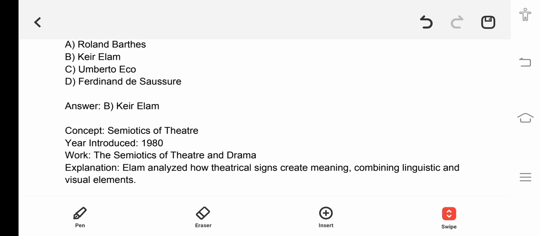What is the significance? He analyzed how theatrical signs create meaning, combining linguistic and visual elements. We watch a lot of movies where signs create meaning. That means we see the picture, we see the text, we see the language. So this is how this concept signifies.